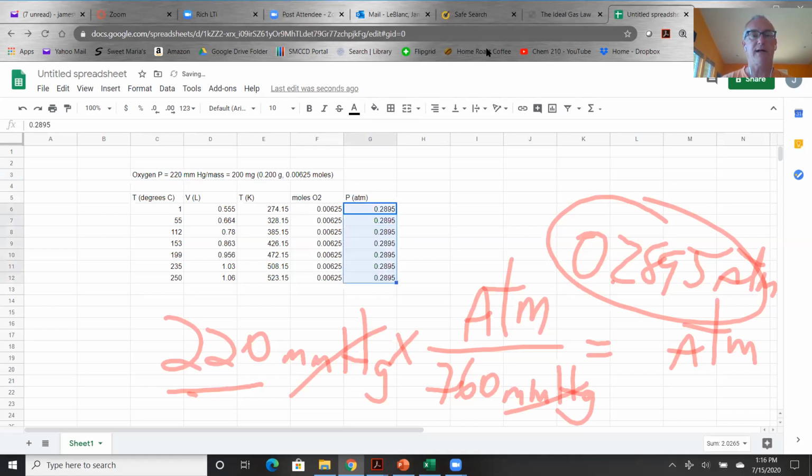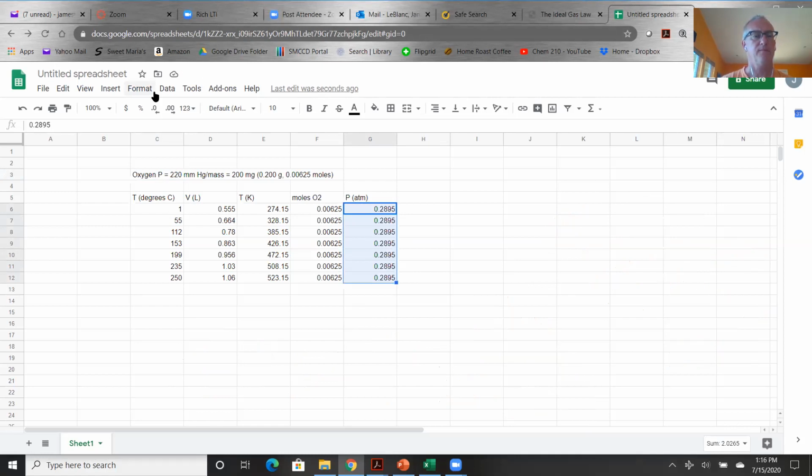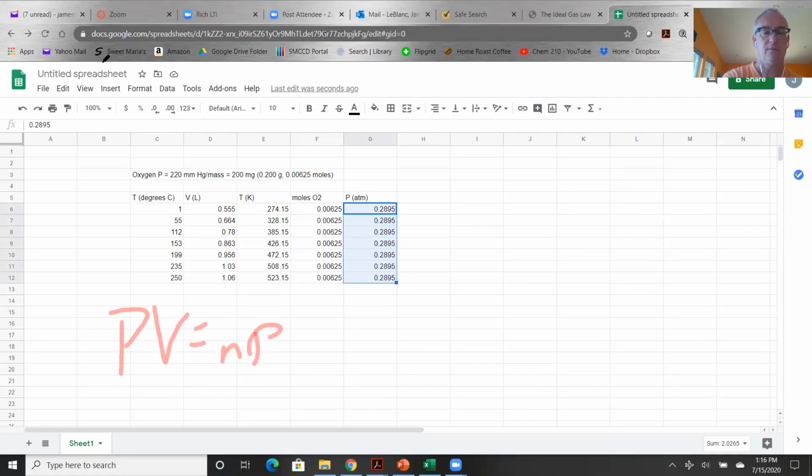All right, still not done, because what is it that we have to plot? You have to put all of that in to get the R, right? There's some combination of these things. Remember, we defined R. PV is equal to nRT.